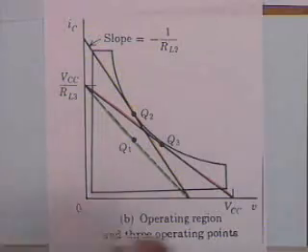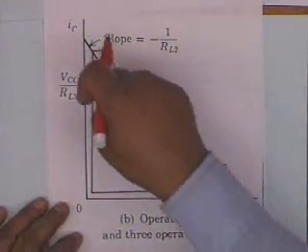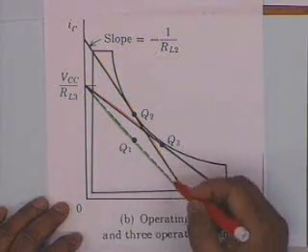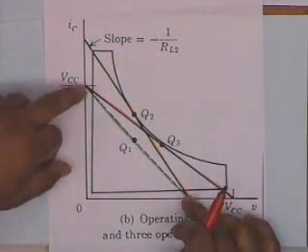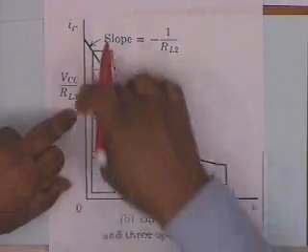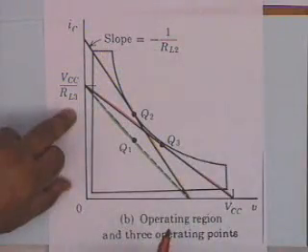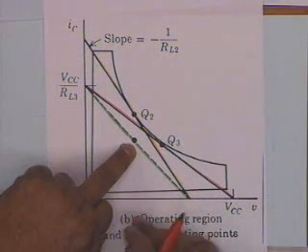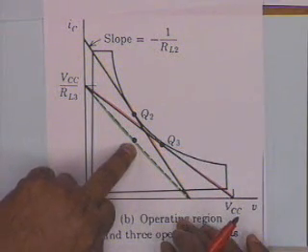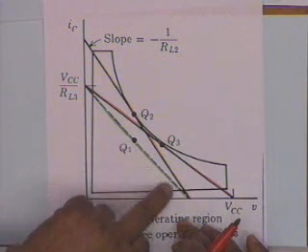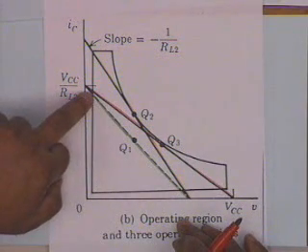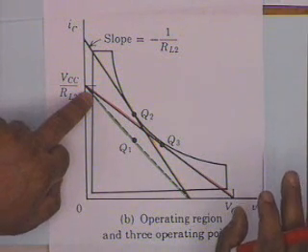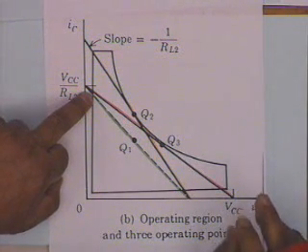Okay. Now, this line, the green line, you see, is well within this boundary. It's a safe operation. You can put your Q point here and then you can swing the current and voltage right from this point to this point. But that does not take account of the needs of a power amplifier.